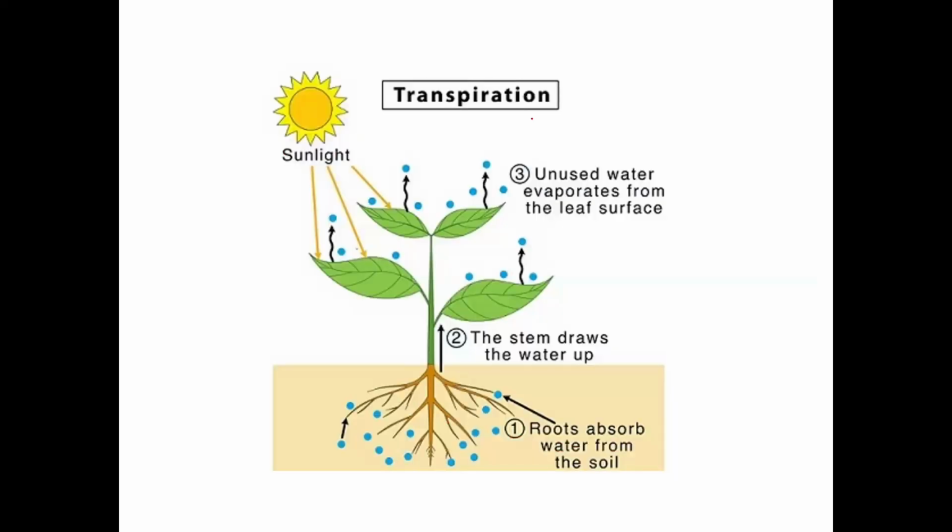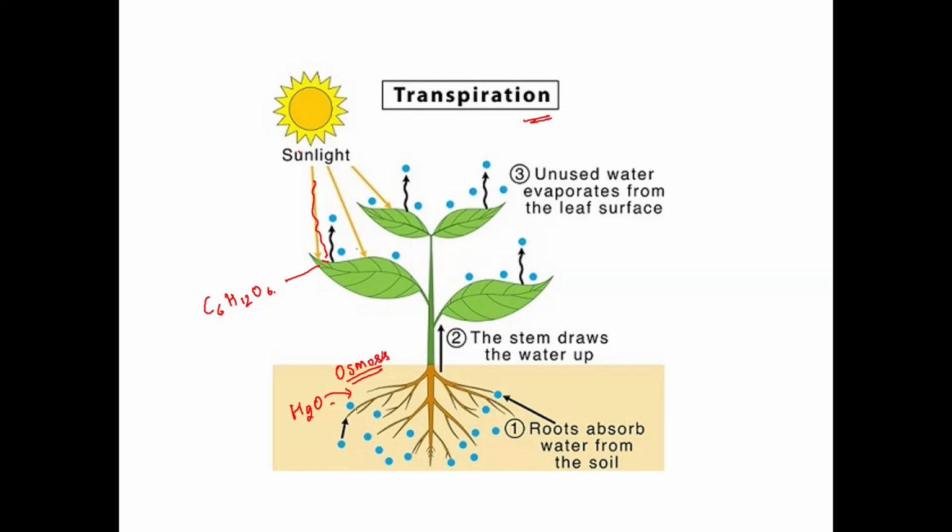Look at how transpiration is done. Sunlight falls on the leaf and makes glucose, C6H12O6. Then water is absorbed by the root, and that process is called osmosis. It's a passive process, no need of ATP here.